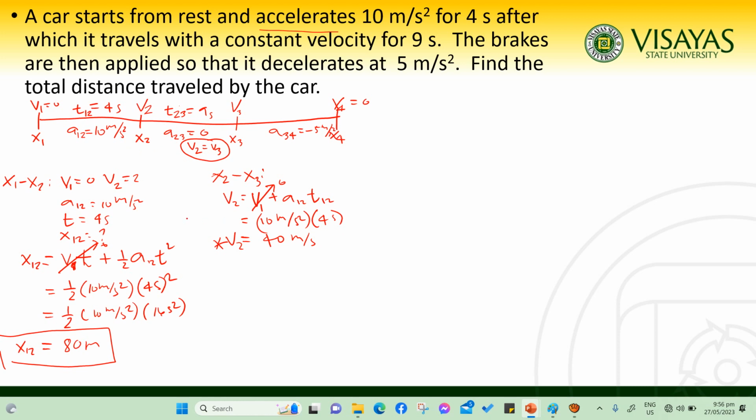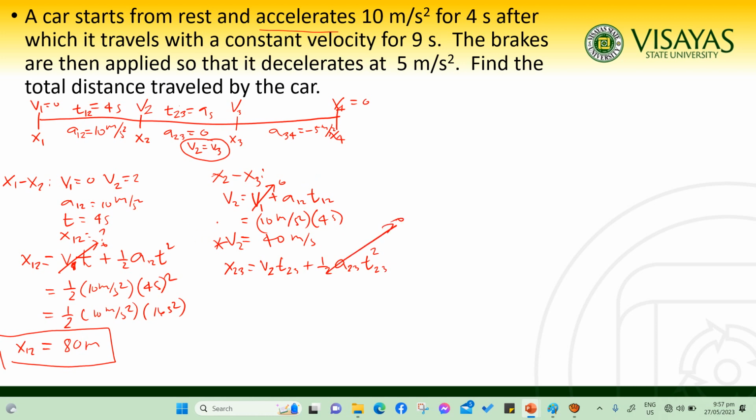Okay, so with that, we are going to use the same formula. Instead of delta x, I'm going to use x23, which is equal to v2 times time t23 plus 1/2 times the acceleration, which is 0, times t23 squared. Since acceleration is 0, this becomes 0.